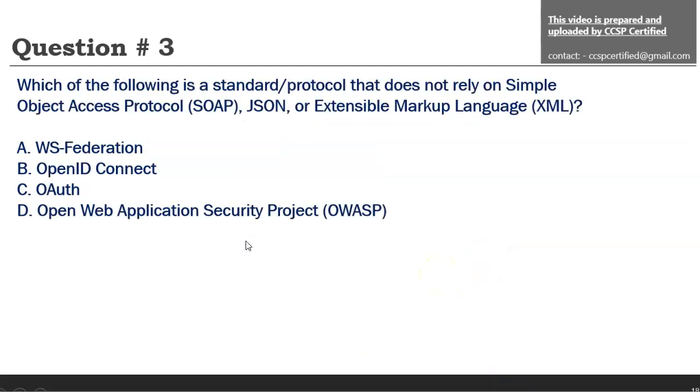Now we move to the next question, which is the last question for today. Which of the following is a standard protocol that does not rely on SAML, SOAP, JSON, and XML? This type of question is asked in the exam where they merge two or three topics together.